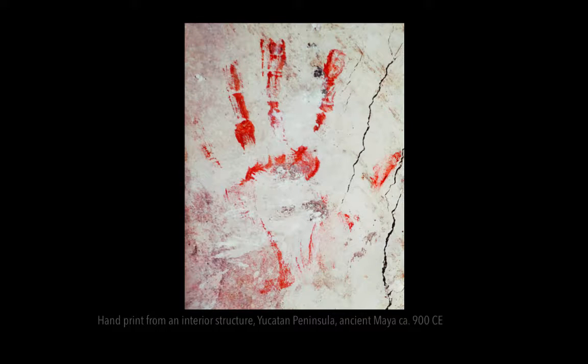This is one of my favorite images, and it comes from the Yucatan Peninsula, which is another geographic area very populated by the ancient Maya, just like the jungles of Guatemala. We're looking at a handprint, which is one of the universal forms of graffiti and of human expression. All over the world, we see handprints. This is a natural way of expressing self, identity, and the fact that you are here.